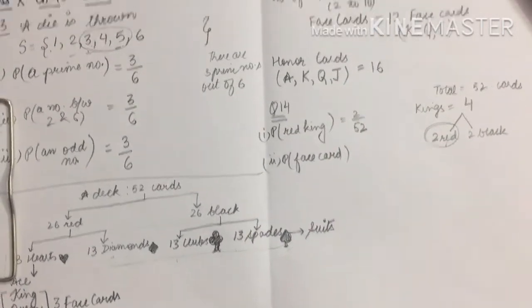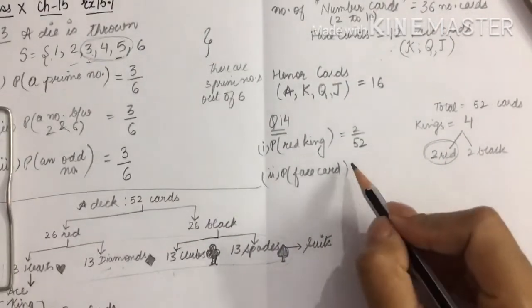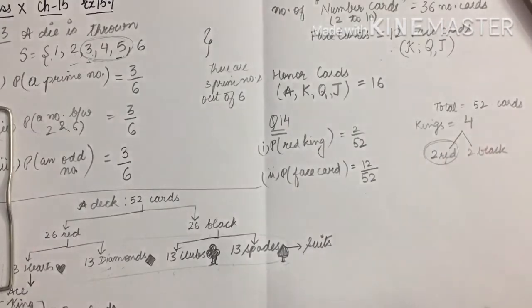We have a total of 12 face cards. The probability will be 12 out of total 52. The total remains same. The total is 52 unless a card is removed. Sometimes in the question they will say that a few cards have been removed. In that case, the total number of cards will reduce. Be careful in that case.